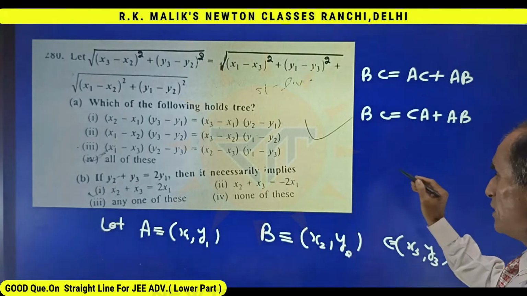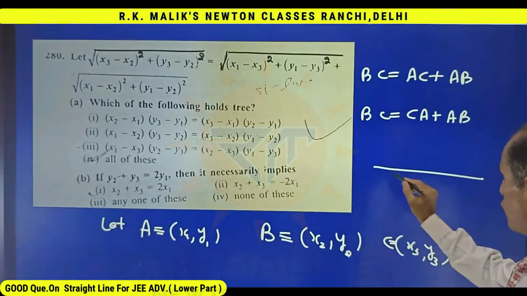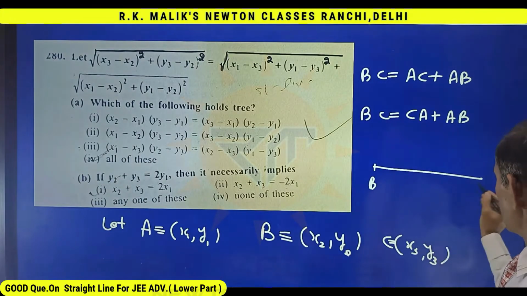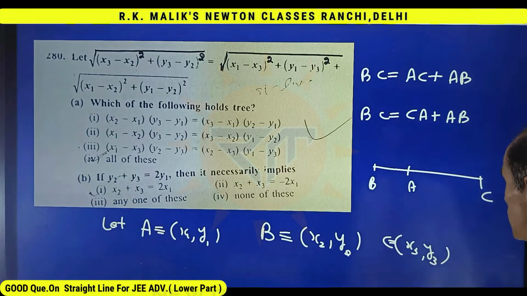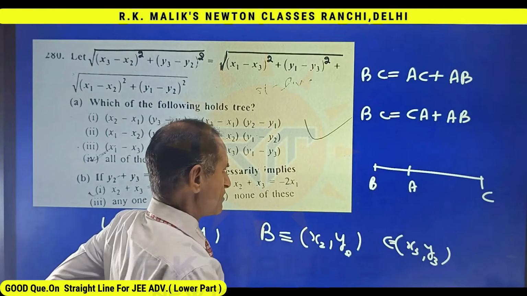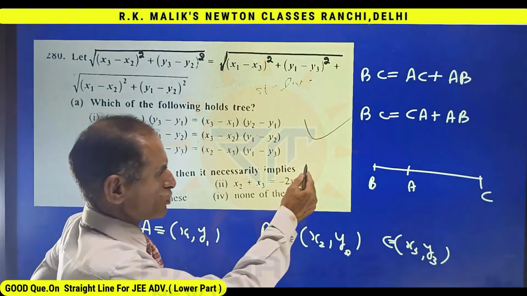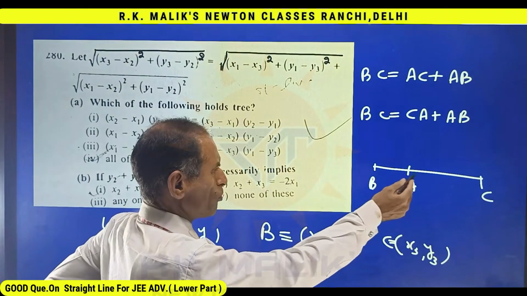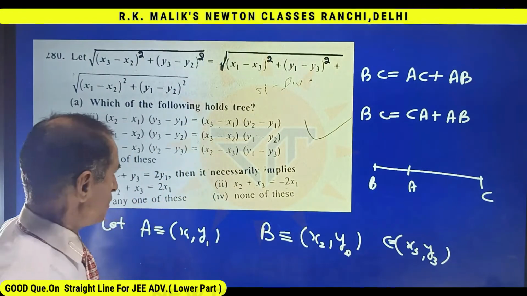That is, I can say that A, B, C are collinear with A point somewhere between B and C. And because B, A and C are collinear, I can say slope of BA, slope of AC, or slope of BC all are equal.